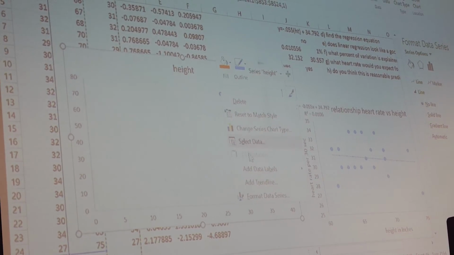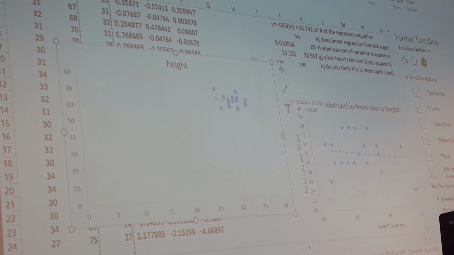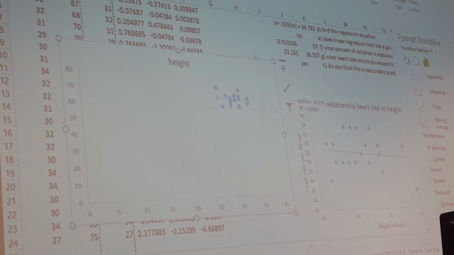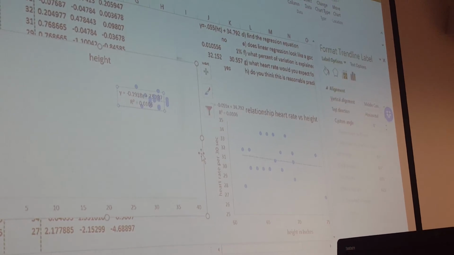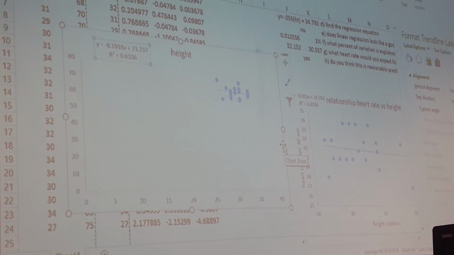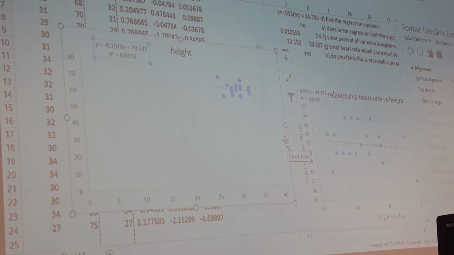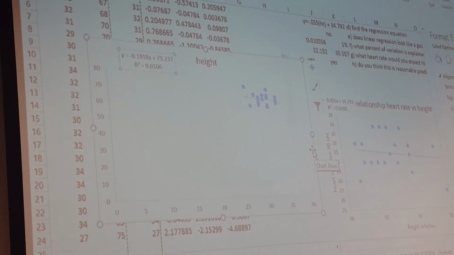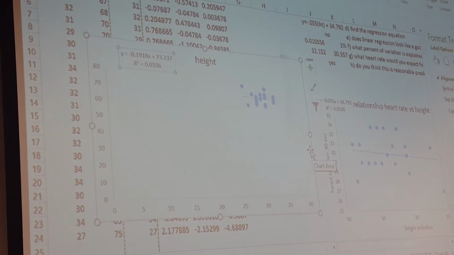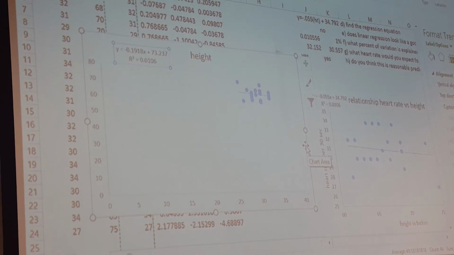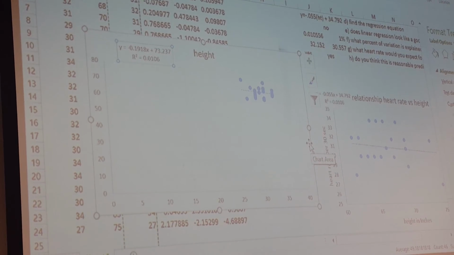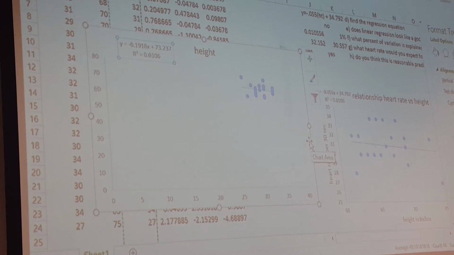I'm going to pick this, add trend line, equation, r squared. Is that equation different? Yes, because now we're predicting their heart rate, not their height. So the equation's very different.